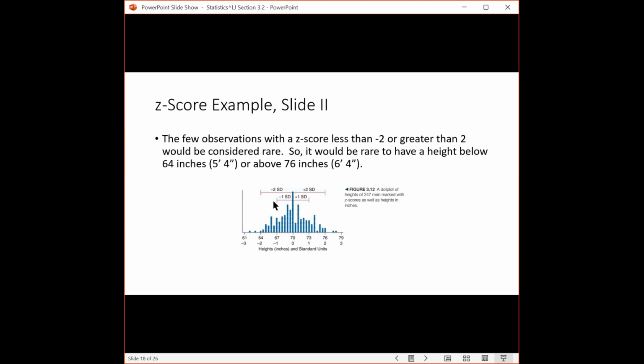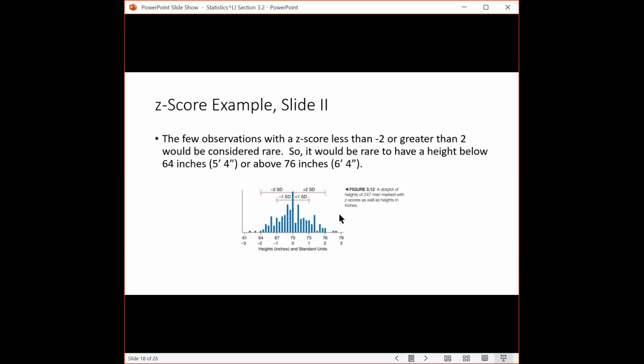All right, so let's talk about rarity briefly here. The few observations with a z-score less than -2 or greater than 2 are going to be considered rare. That's what we were just saying a minute ago. So it would be rare to have a height less than -2, so that's 64 inches, which corresponds to 5'4". If you're below 5'4", and this is for men, then you have a rare height.